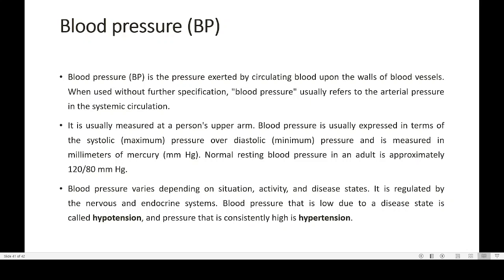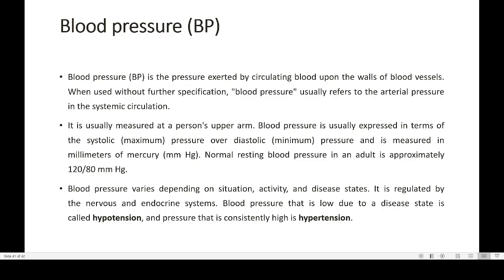But if it is going above 140, then you may need to go for a medical treatment. There are some blood pressure reducing drugs, and they have to be taken for a long time, sometimes lifelong. Otherwise what? Because with exercise alone, it is not always possible to control blood pressure.